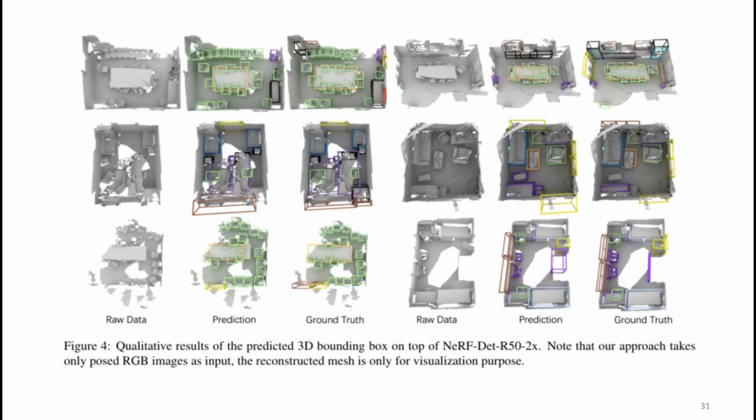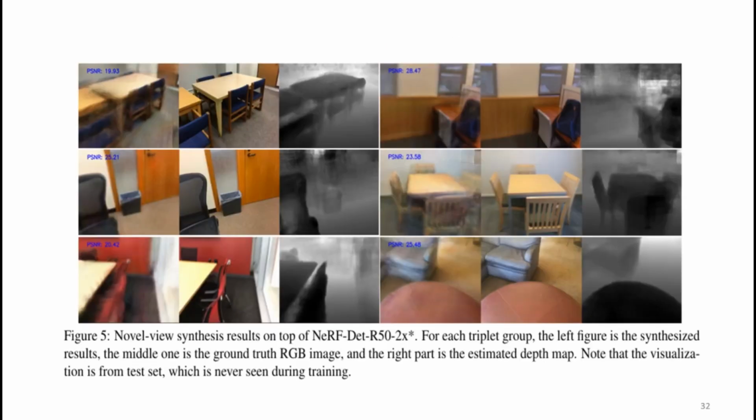NeRF-Det stands out because it introduces a joint training design where the detection and NeRF branches share an MLP that enables the seamless integration of NeRF for 3D geometric estimation and object detection. Dear friends, the authors incorporated geometry priors to help NeRF optimization.